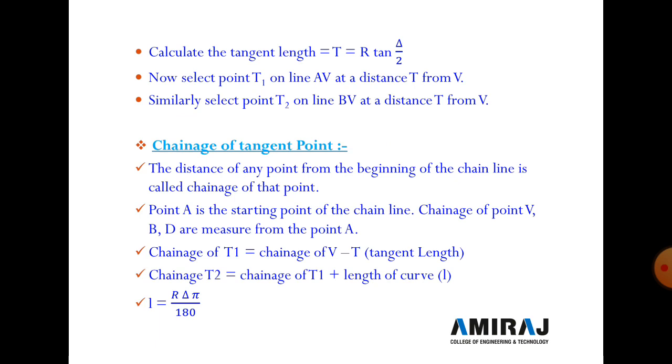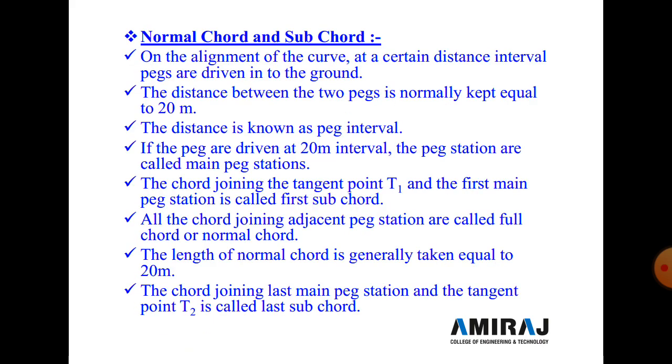Now chainage of T1 is chainage of V minus tangent length T, and chainage of T2 is equal to chainage of T1 plus length of the curve L. Here L is equal to R delta pi divided by 180, an equation we already found in the last slide.